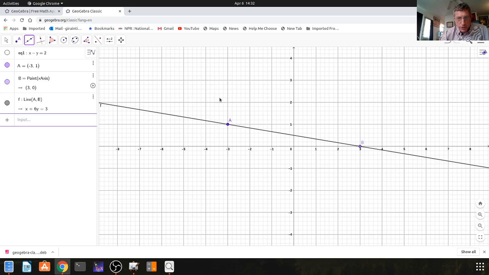If I choose 2, I can move down and find a corresponding value of x. If I choose this, I will find a corresponding value of x. So what I'm trying to show you is that for every value of x you choose, as long as it's not a vertical line, you will be able to find another value.